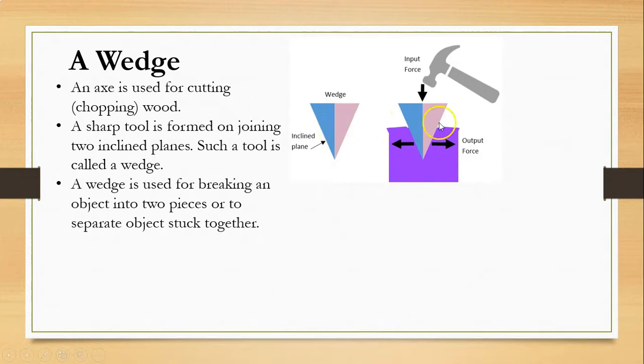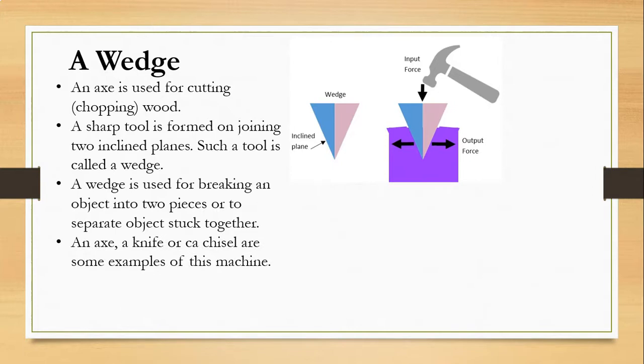So why do we use a wedge? We use a wedge either for breaking an object into two parts or to separate objects which are stuck together. So a wedge then becomes a simple machine. This is another simple machine which we are discussing.